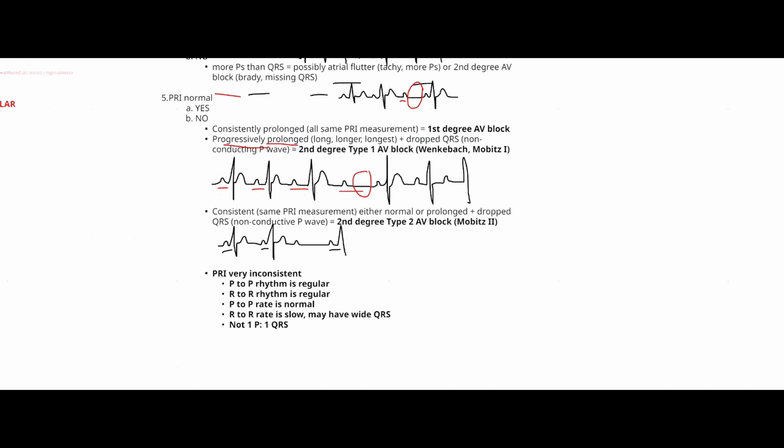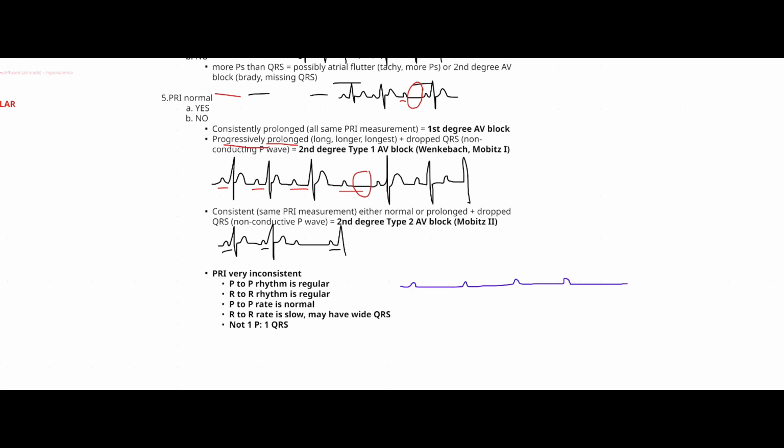How does that look? So I'm going to draw them separately so you guys can see the difference. Okay. So here's the atrium. P, P, P, P. Okay. Here's the ventricle. Let's say, this looks normal.